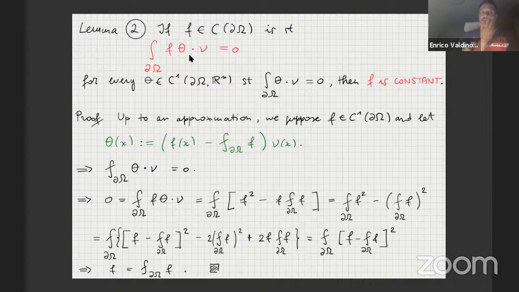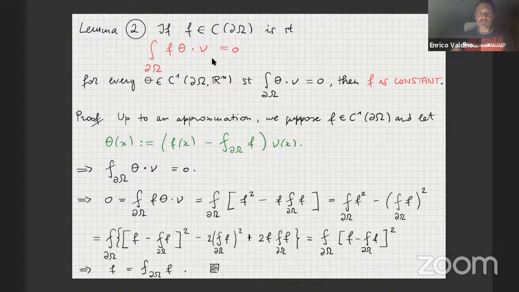The second statement that I would like to give, which is much simpler, is the following. Suppose that you have a function, for instance, a continuous function, such that whenever tested against the normal component of a zero flux vector field it is equal to 0.